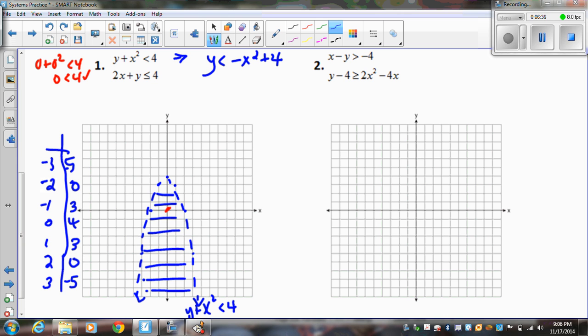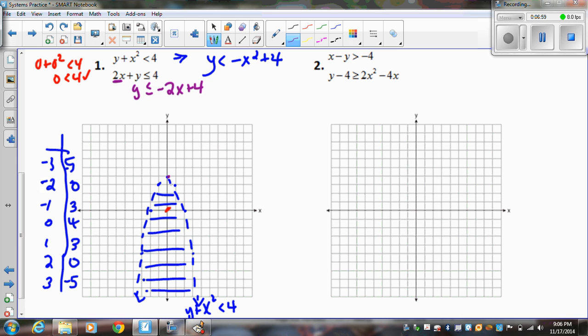Now I need to go back. I need to look at 2x plus y is less than or equal to 4, and I need to graph this. In order to graph this, I'm going to have to put it in slope-intercept form. I'm going to have to move this 2x over. So y is less than or equal to negative 2x plus 4. So I'm going to start at positive 4.